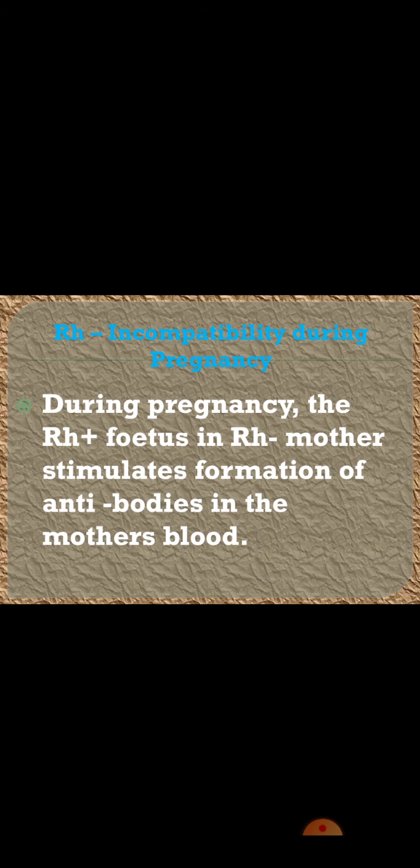But during the second pregnancy, if the fetus is Rh positive, more antibodies are added in the mother's blood, and a large number of RBCs of the fetus are destroyed due to clumping. This causes hemolysis of blood in the fetus, resulting in erythroblastosis fetalis or hemolytic jaundice or anemia in the newborn baby.